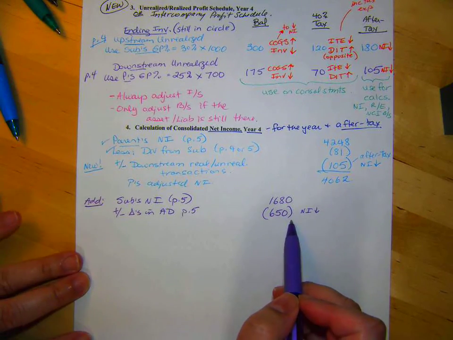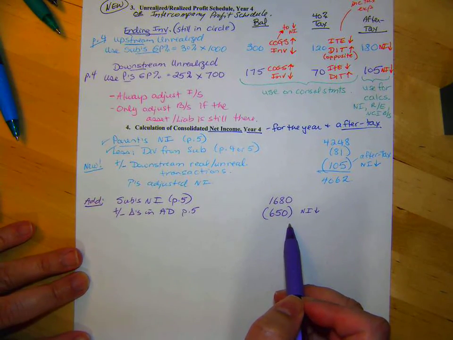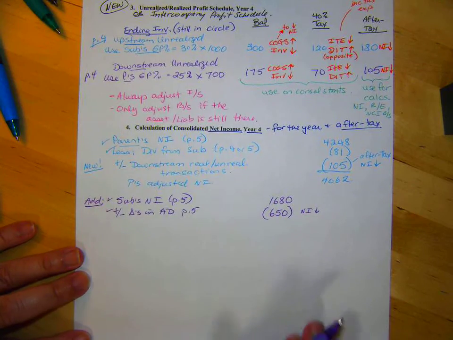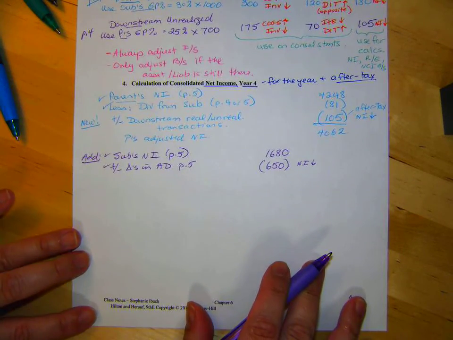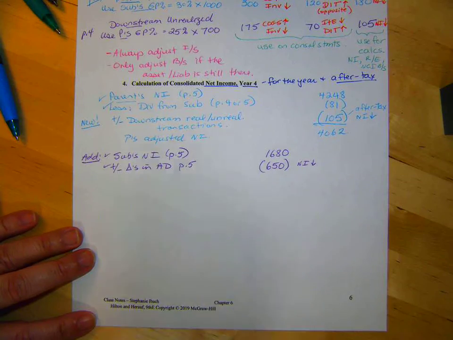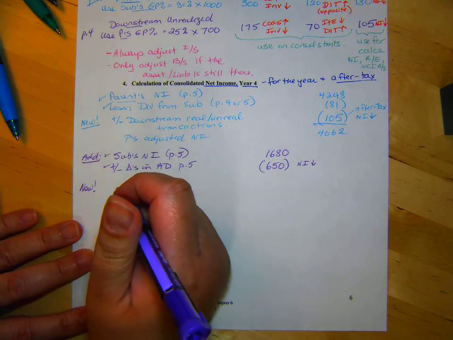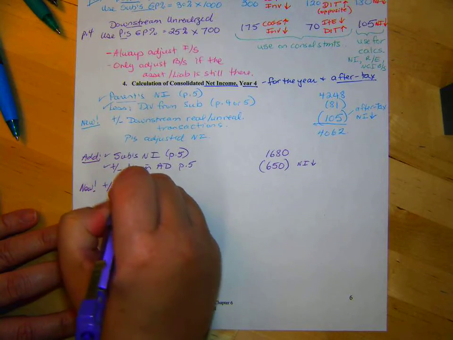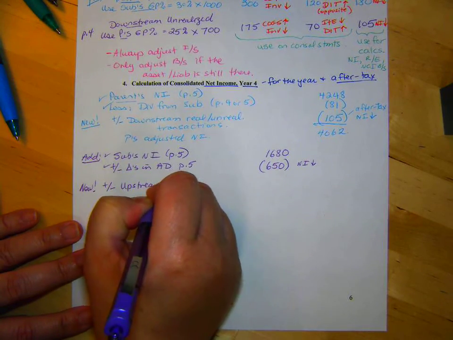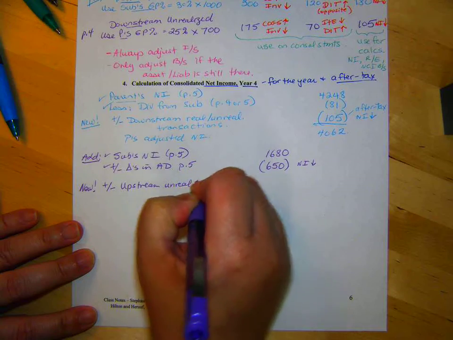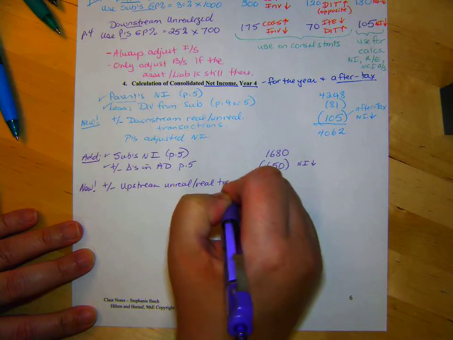Okay, good. So we've got that. So what are we missing? We knew this already. What's our new part? Well, we're missing the upstream that the sub's selling. So new: plus or minus upstream unrealized realized transactions.